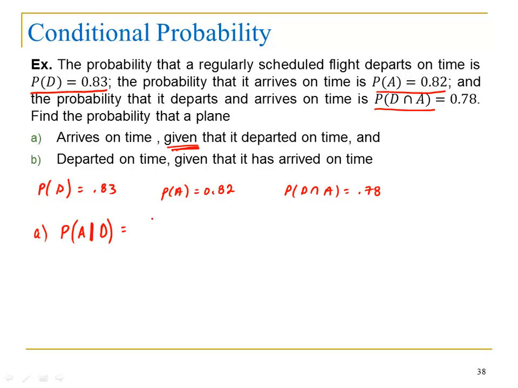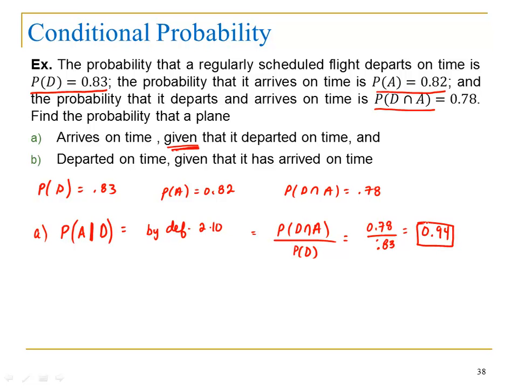So by definition 2.10, we know that that probability is given by the probability of the intersection of the events divided by the probability of D. So that is 0.78 divided by 0.83, and that's 0.94.